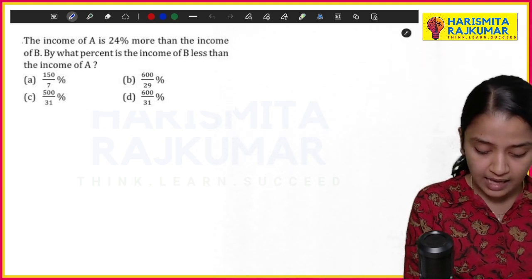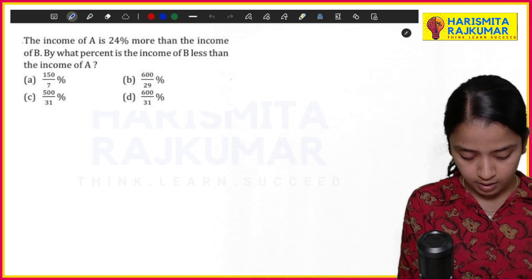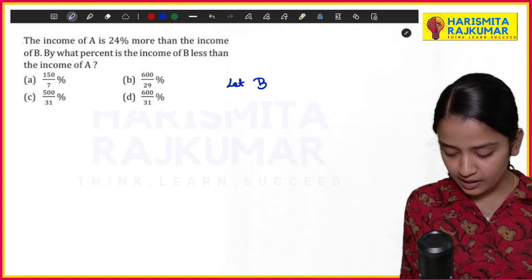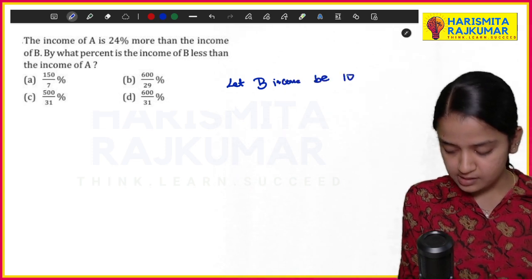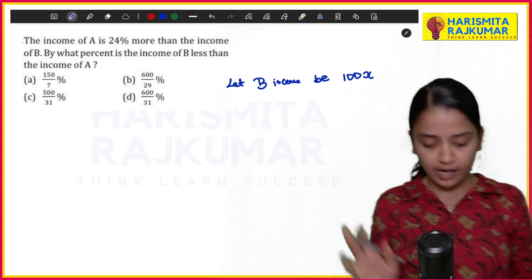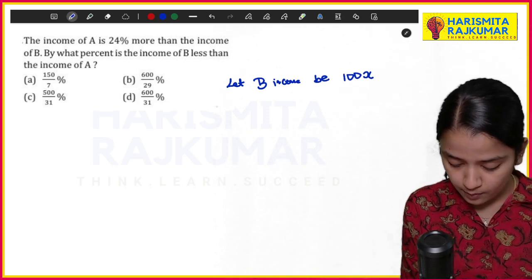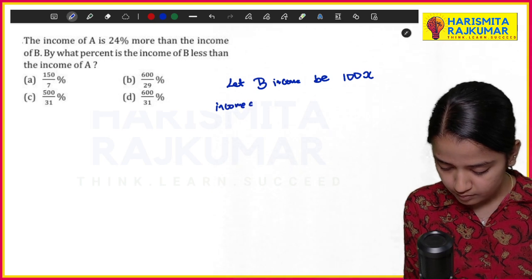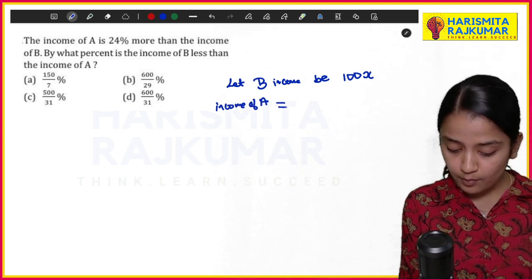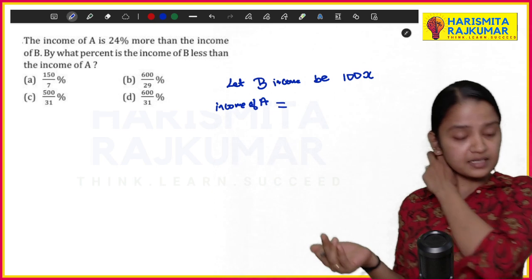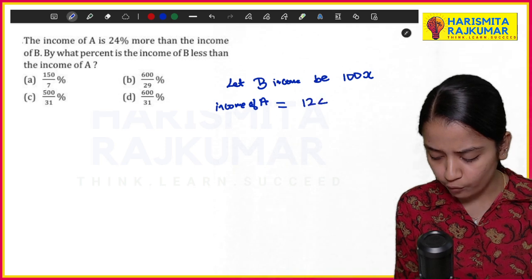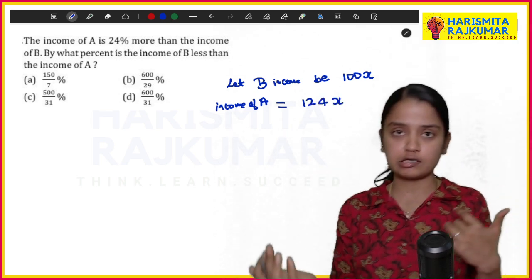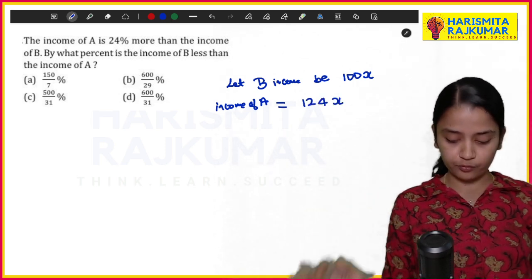Let us assume B's income is 100x. The income of A is 24 percent more than B, so it will be 124x.